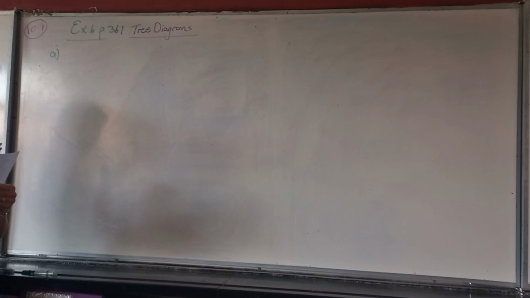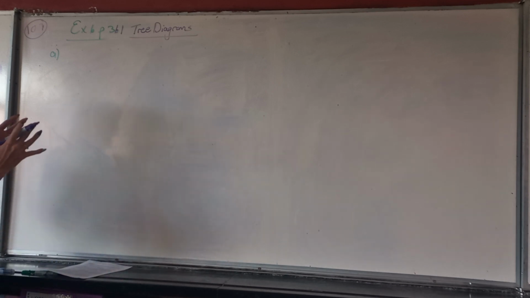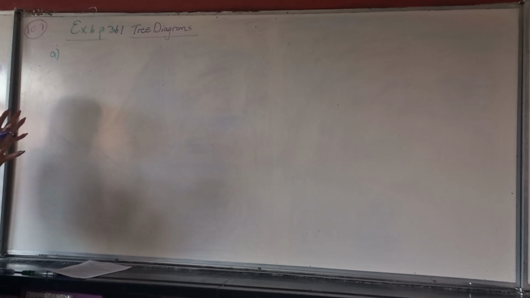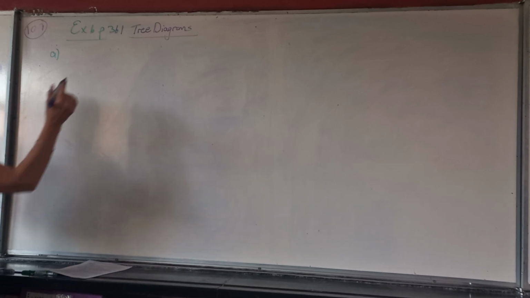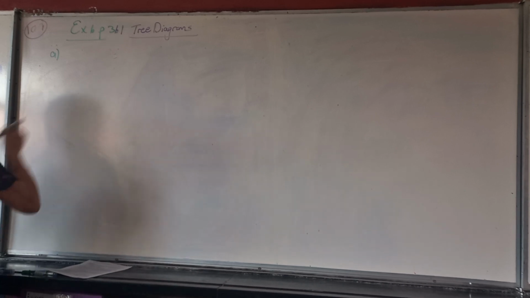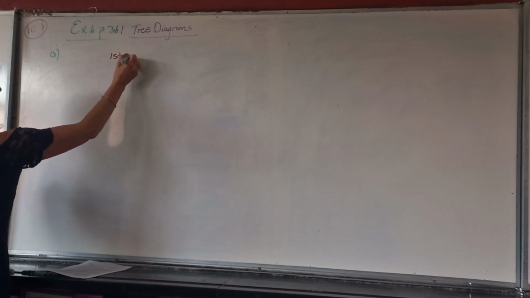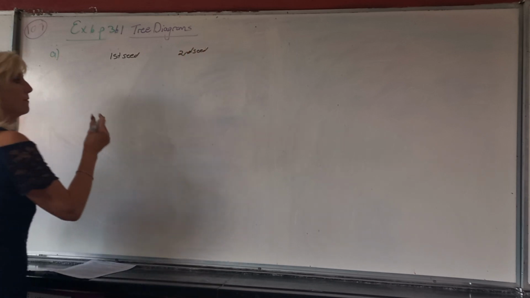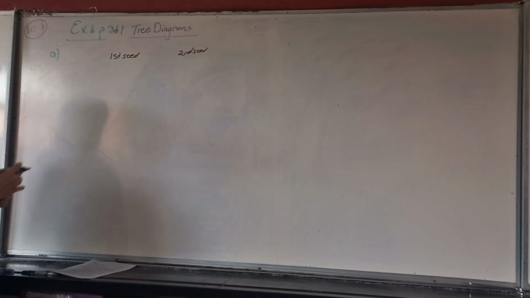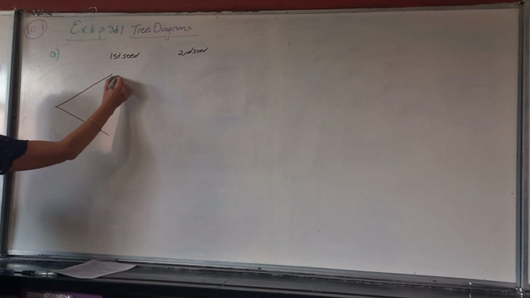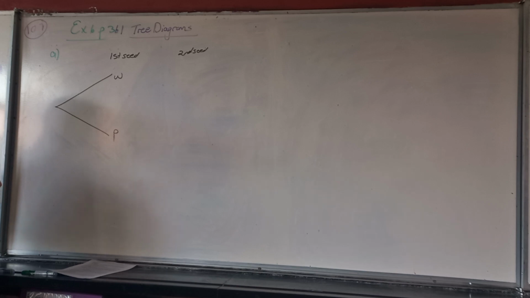But if I want the tree diagram, I have to realize how many circumstances are here. What is the 2? The first seed and the second seed will either give white or pink. So the first one can either then be white or pink.